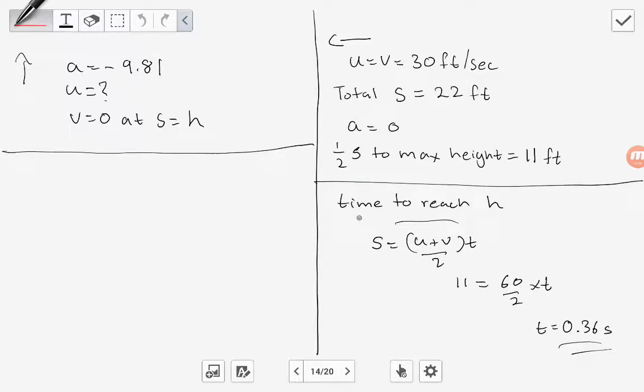First we have to find the time to reach the edge. So for that we apply this equation horizontally. Halfway through in the question is the maximum height, and halfway through horizontally is 11 feet. When we put everything we have into this equation, we should get the time as 0.36.